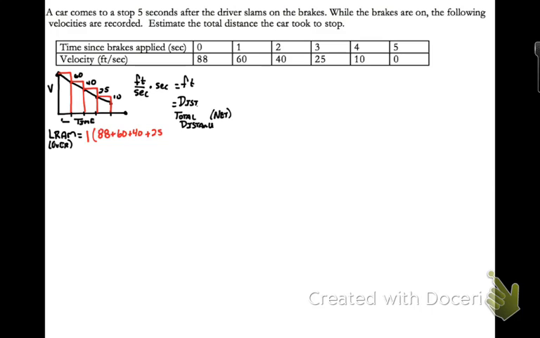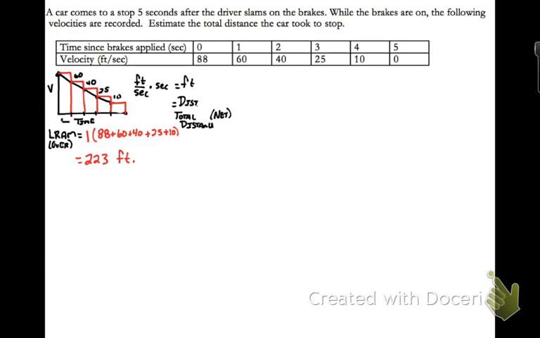And I actually have a 5th rectangle here. So let me draw it a little bigger. It goes all the way to 5. So there's my 5th rectangle, and it has a height of 10. So my overestimate in this case ends up having a value of 223, and in this case would be total feet traveled.